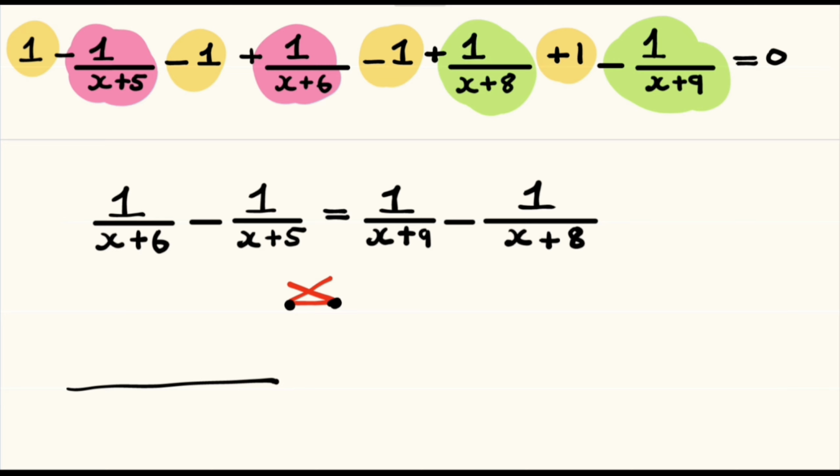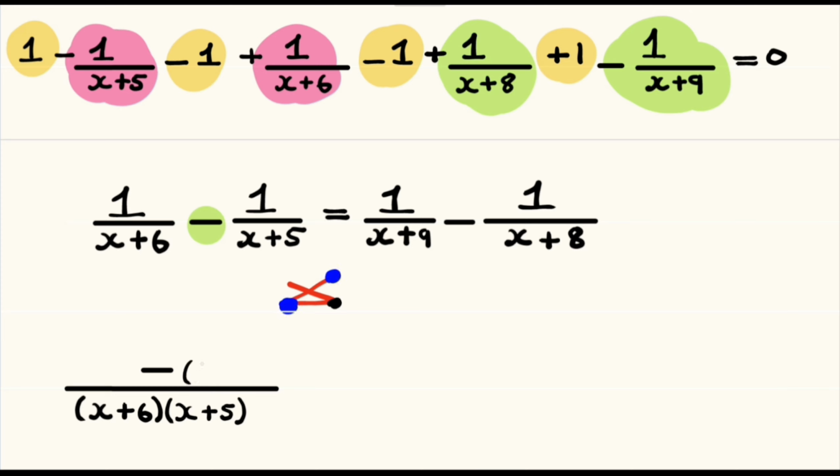Our LCD on the left hand side will be equal x plus 6 multiplied by x plus 5, and we have that negative in the middle, and the 1 multiplied by x plus 6 will be equal x plus 6, and the x plus 5 multiplied by 1 will be equal x plus 5.